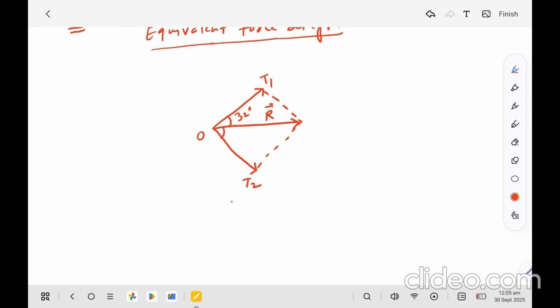This is 32 degree, this is 28 degree, so the net angle is 60 degree.